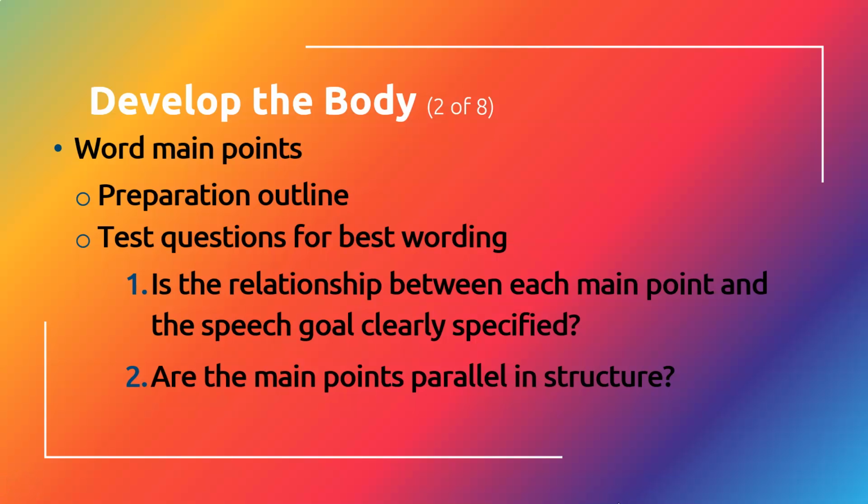Take a look at page 248 in your textbook, top of the page. Parallel structure means the main points all follow the same structural pattern. So it's not a requirement, but if you use the same structural pattern, it will make it easier for your audience to follow along.